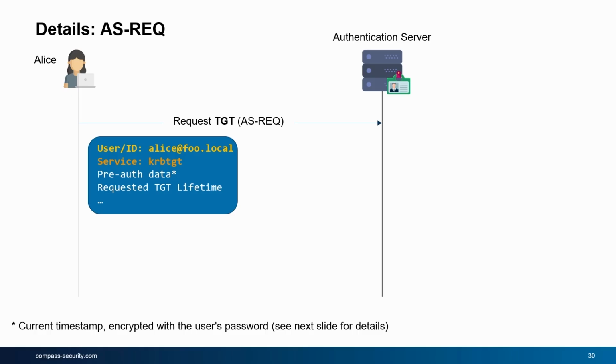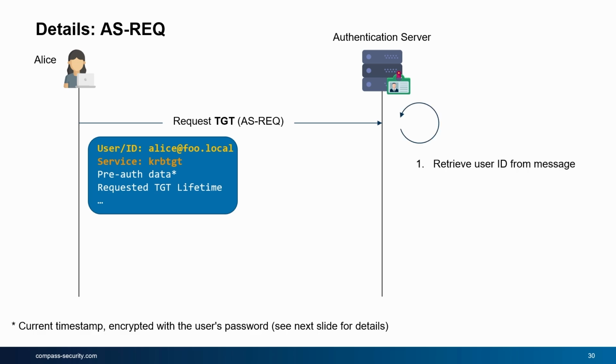And we also send along some pre-authentication data. Pre-authentication data is essentially the current timestamp encrypted with our password or our secret key. And we'll have some more details on this on the next slide. Along with that, we can also request a specific TGT lifetime and some other metadata, but that's about all the information that we send to the authentication server.